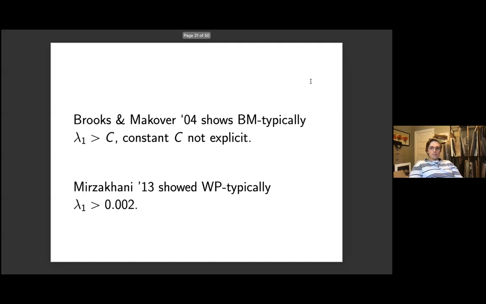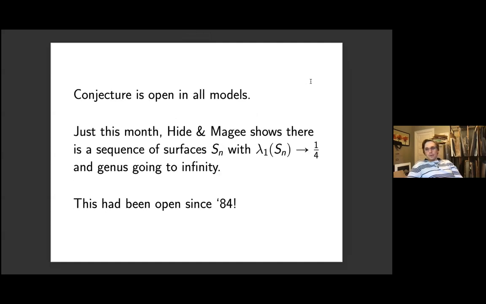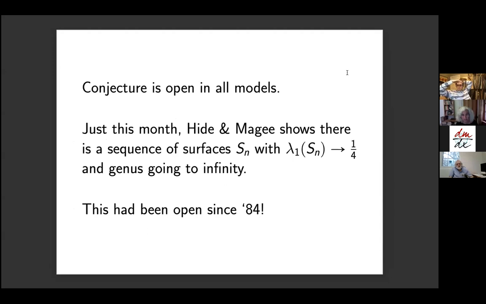But is there an example? Is it a constructive example, or is it just that it exists? So what they do is they look at the random cover model, but for surfaces with cusps. And they prove a version of the conjecture in the random cover model, but for surfaces with cusps. So they produce high genus surfaces with cusps where this result holds.